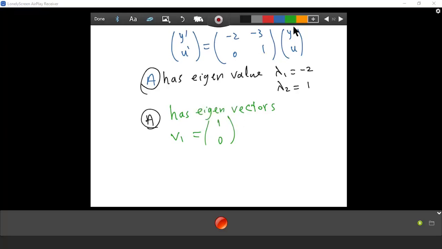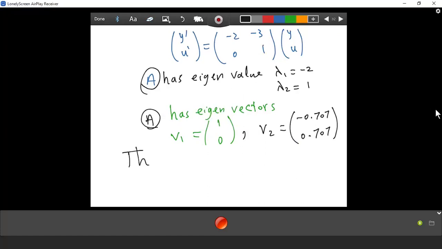And V2 equal to minus 0.707 and positive 0.707. Thank you, Musab. Thank you, Shema. Now, how to write the solution of this one?